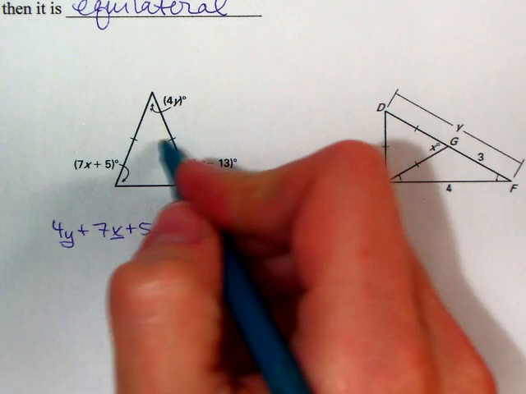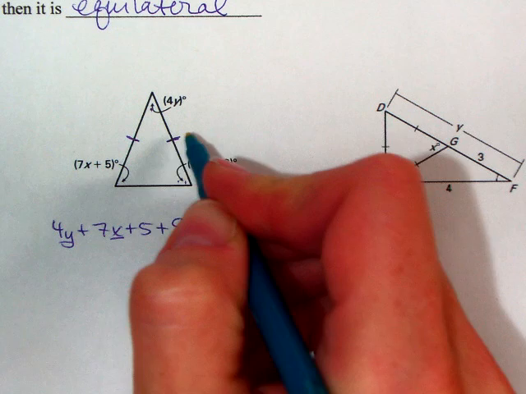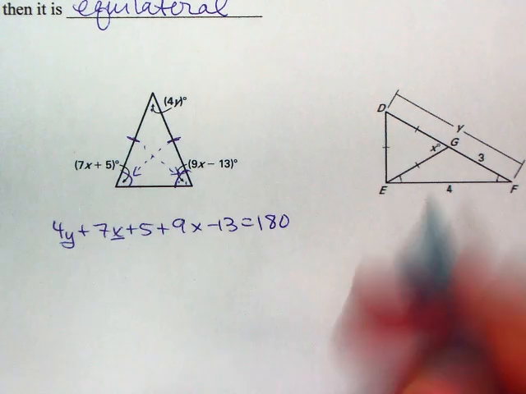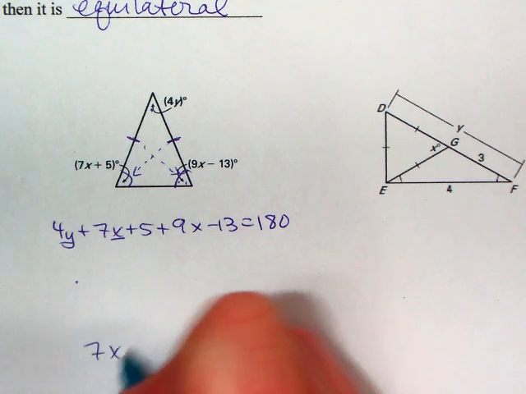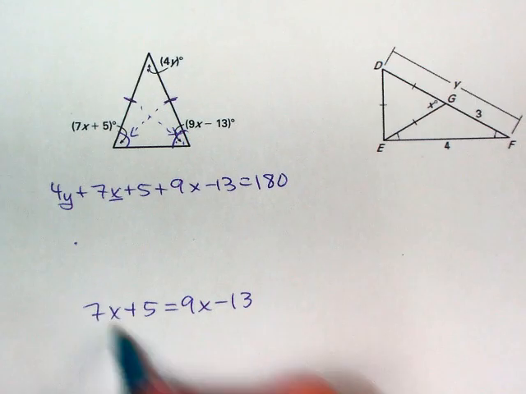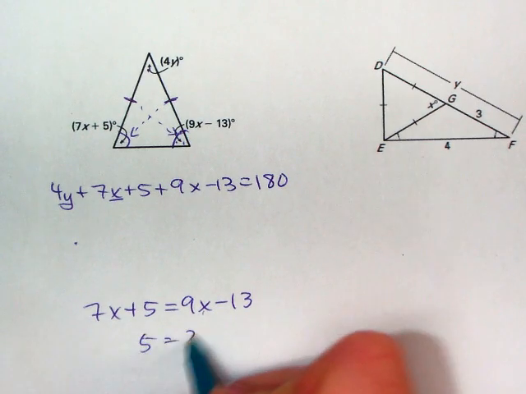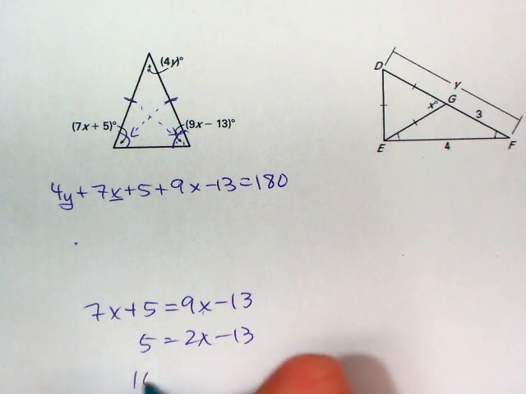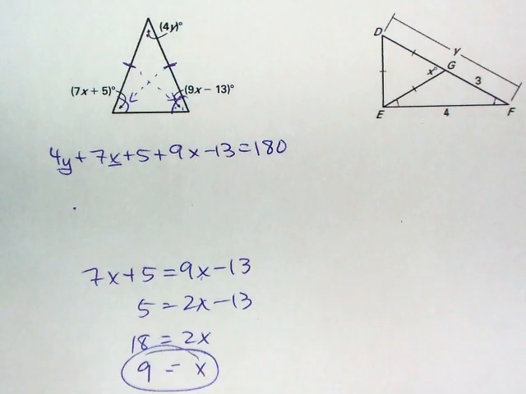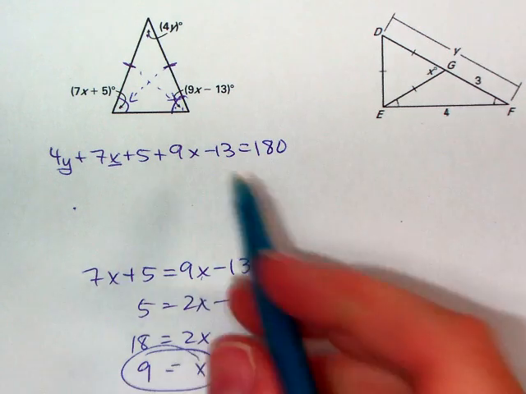I do know that they are isosceles. These two sides are equal, which means that that angle and that angle have to be equal. So 7x plus 5 has to equal 9x minus 13. So I'm going to minus 7x over, and I'm going to add 13. So x equals 9.